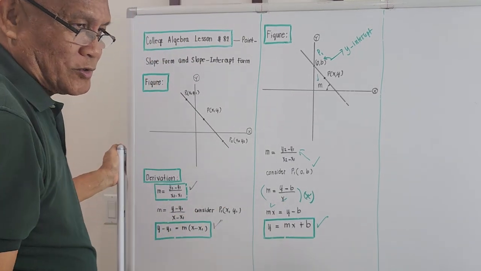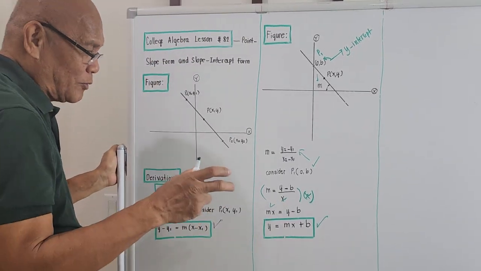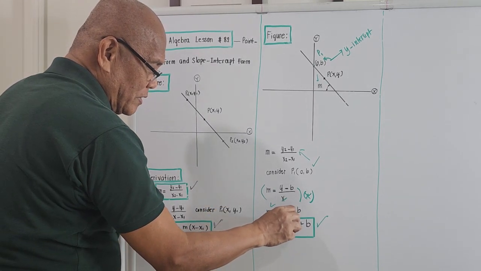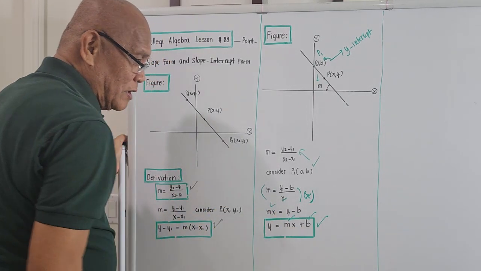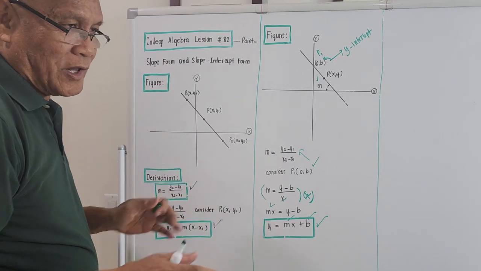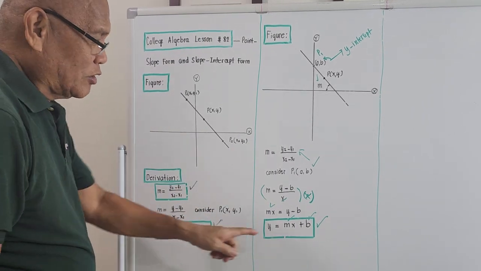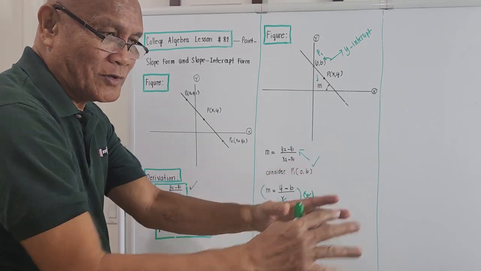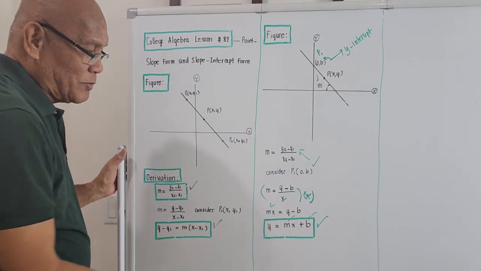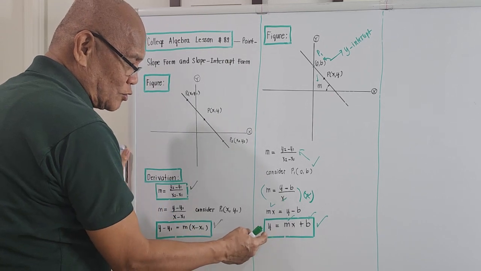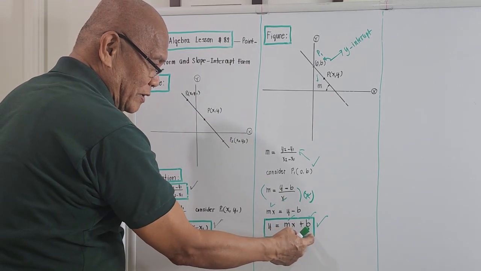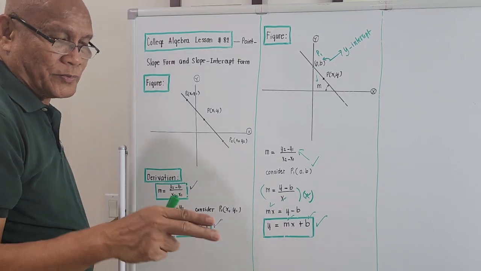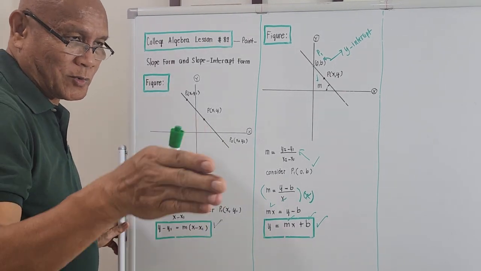Why is it called the slope-intercept form? Because for this formula, we are given the slope and we are given the y-intercept. So for any straight line in which the slope is given and the y-intercept is given, we could compute immediately for the equation by using y equal to mx plus b.